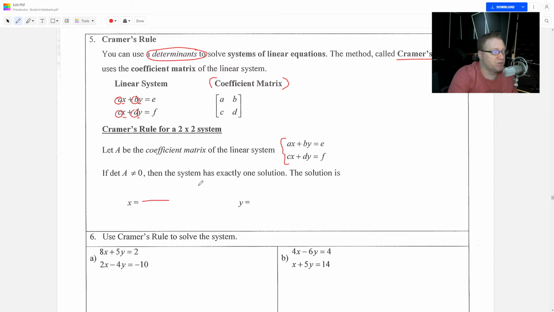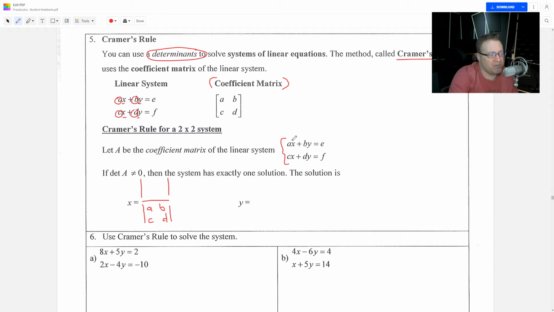What we're going to do is, on the bottom, we're going to have the determinant of our coefficient matrix, which is just a, b, c, d. And on the top, we're going to have the determinant of another matrix. What matrix is it?